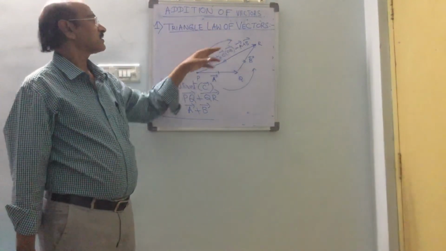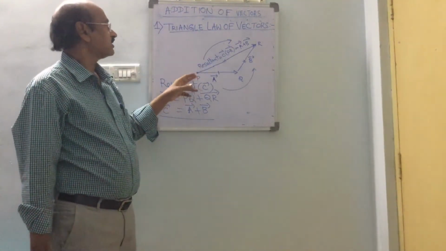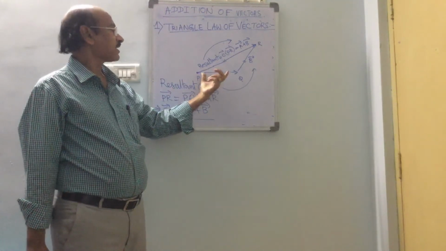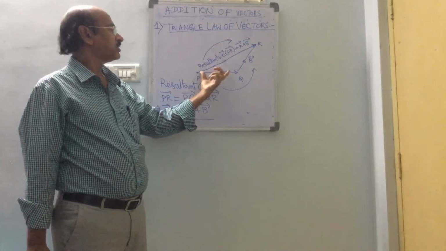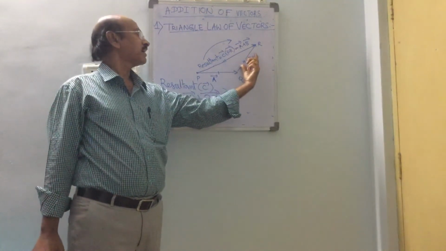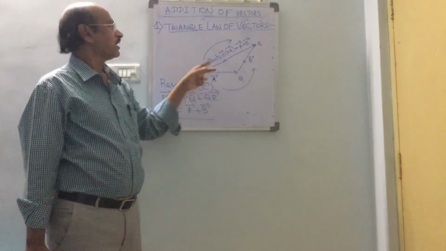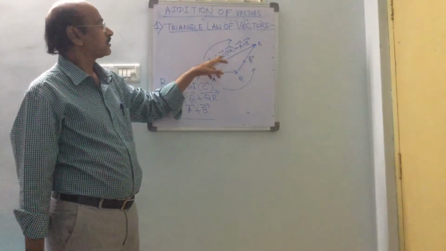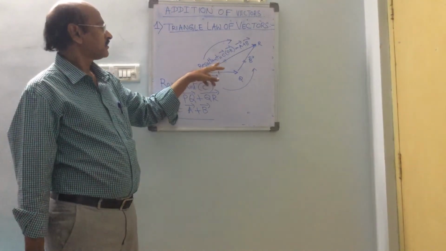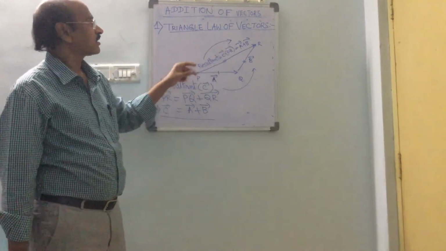Triangle of forces may be stated like this: if two forces acting at a point are represented by the two adjacent sides of a triangle taken in an order, then the resultant is represented by the closing side of the triangle taken in the reversed order.